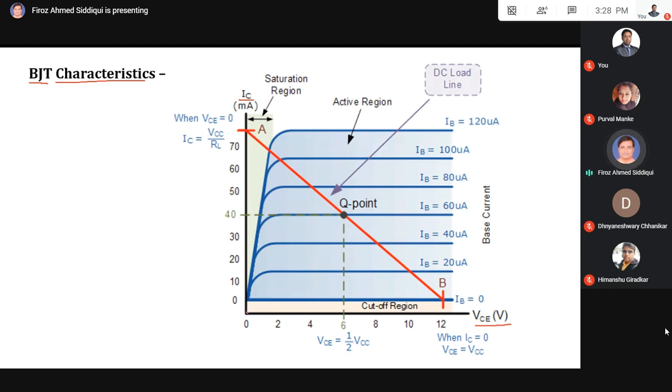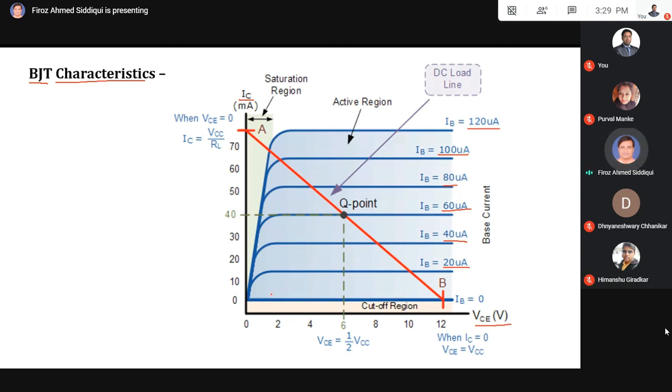So on the x-axis is VCE and on the y-axis is IC. As the collector current increases, you will see the increase in the base current. Here the base current is 20 microampere, 40, 60, 80 and 100 microamperes, and here 120 microampere. So this is the base current.